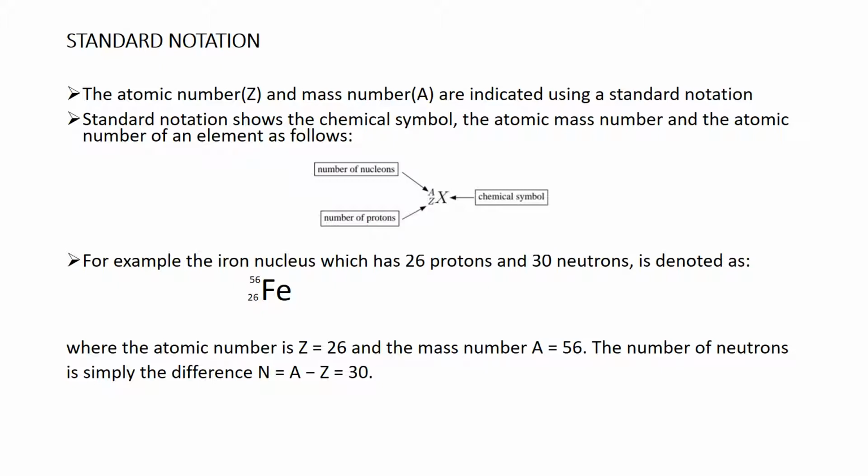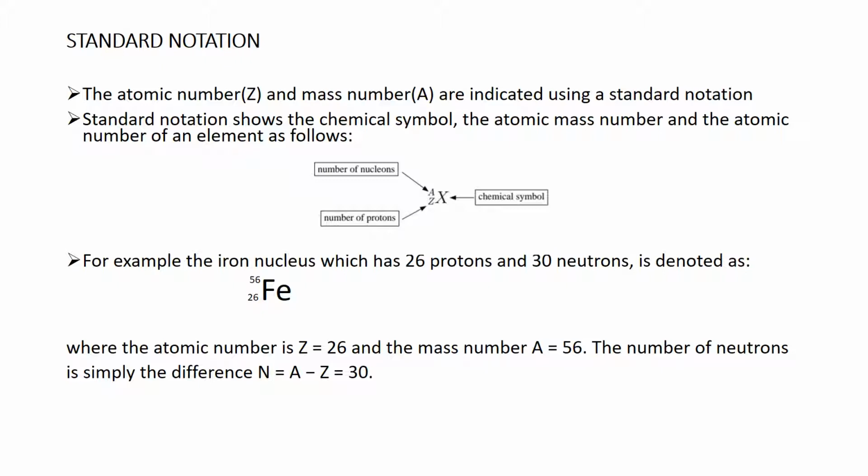Then we write the number of neutrons and the number of protons. It doesn't really matter where you write them. You can write the number of neutrons at the bottom and the number of protons at the top, but you just need to know that the number of protons will always be lesser than the number of neutrons.